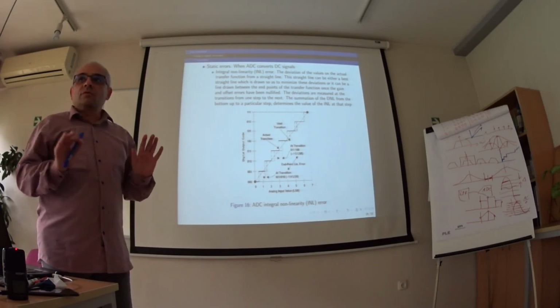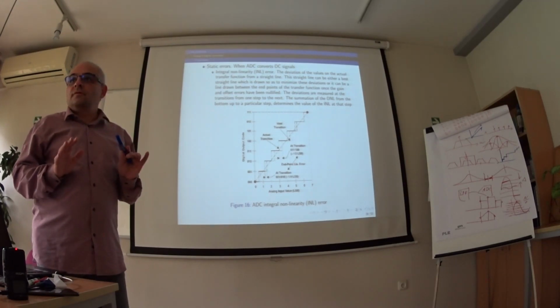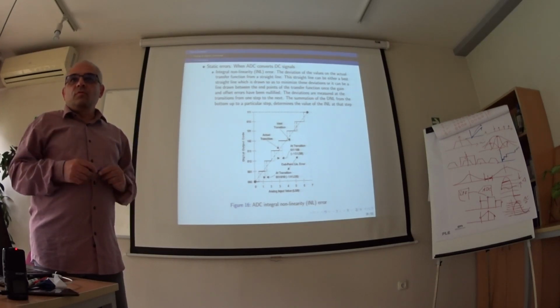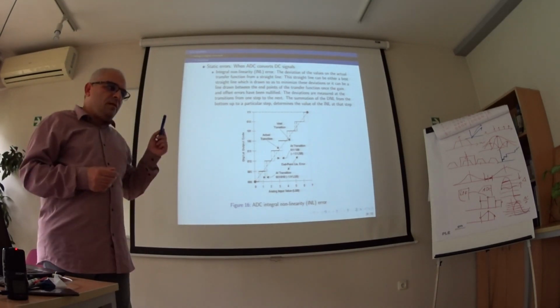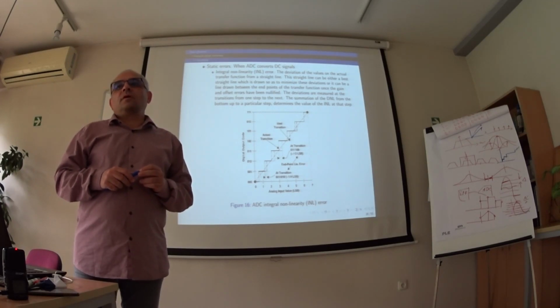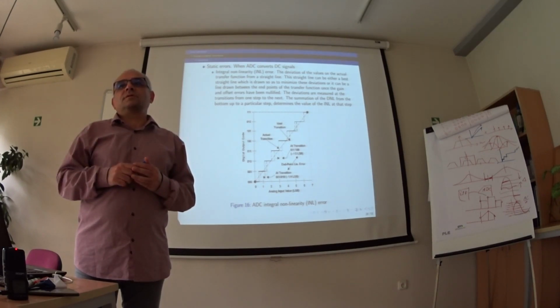No, we don't talk about any frequency. We talk about DC. You apply a DC voltage, for example, 2.5 volts. You have a deviation, and they determine it experimentally. They take a lot of samples of such chips and make statistics.